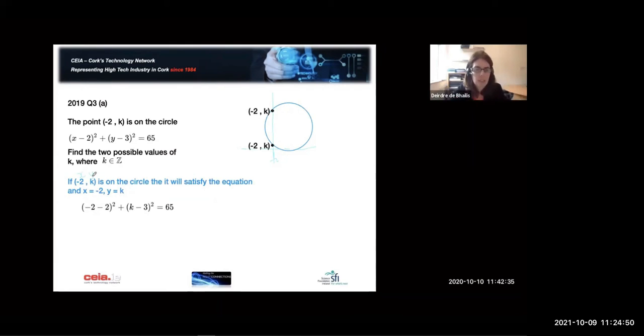So we can pop that into the equation, and that gives us this equation here. Minus 4 squared plus k minus 3 squared equals 65. And you can see here now that we are getting very close to being able to solve for k.